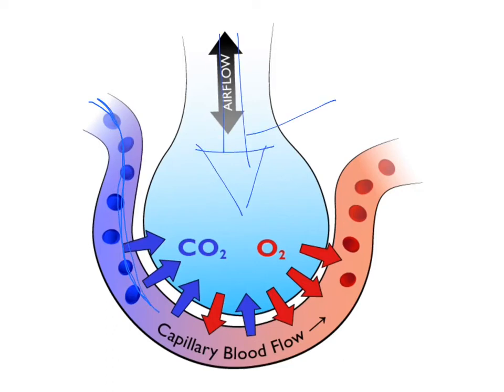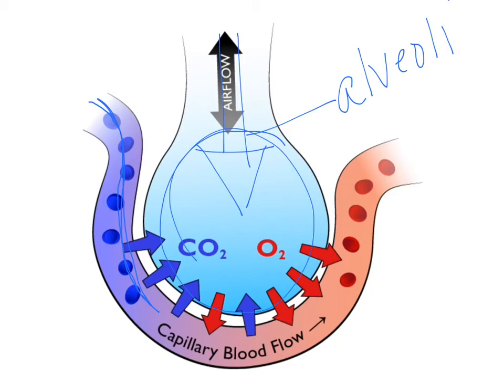Okay, so this is your alveoli, this structure here. So air comes in, and the air that comes in is oxygen, but the gas that comes in with the blood is carbon dioxide. So what happens is the carbon dioxide jumps over to the alveoli, and the oxygen jumps over into the blood. So they just trade places.